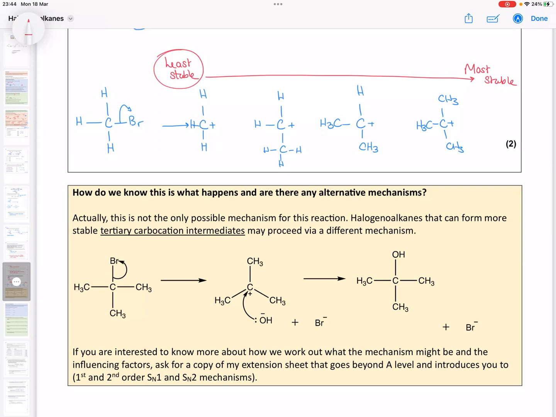The more stable it gets, so the more tertiary the carbocation, the more stable the intermediate, the more likely the mechanism is to proceed via this different mechanism that we haven't learned about. Okay, so these are unimolecular methods and bimolecular methods where there's a second step of a molecule doing a second step. Least stable, most stable.